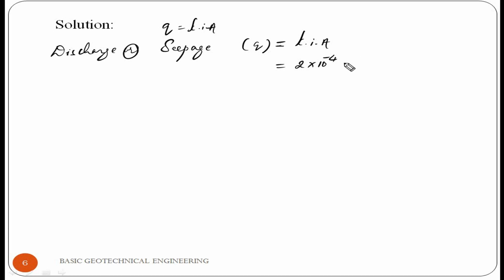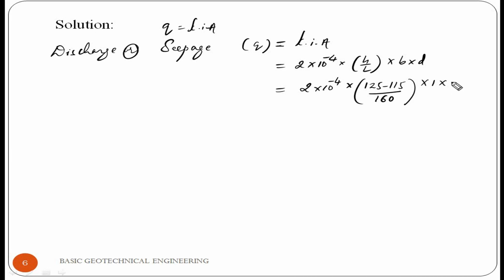So i can be written as H by L, and A is B into D, the area. H is the difference in elevation, 125 minus 115, divided by the length, which is given as 160, 1 into 3.